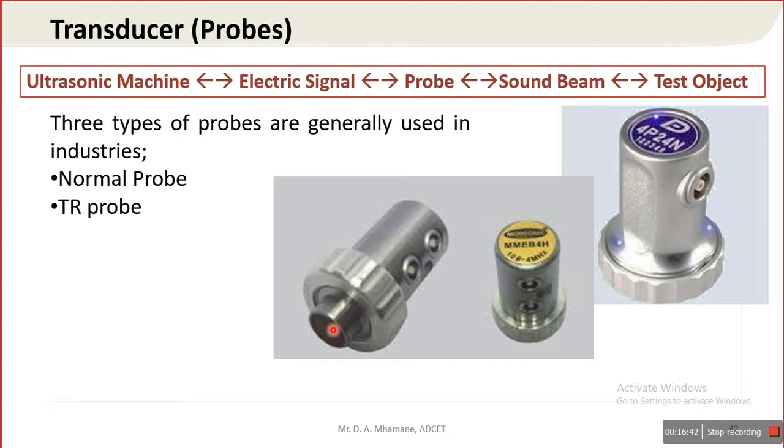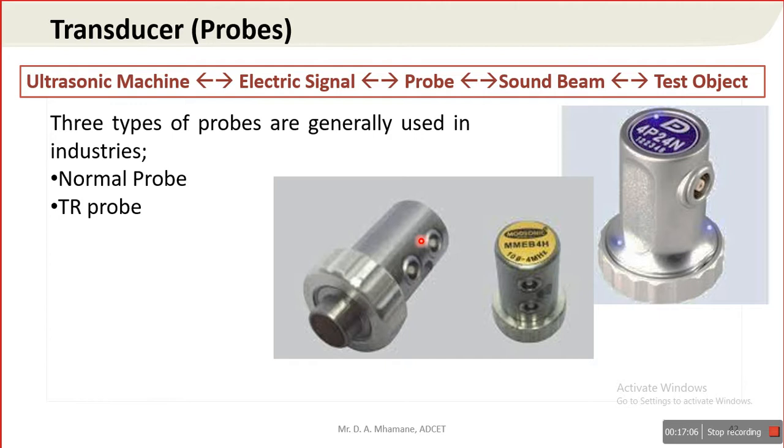One transmits the sound wave and one receives the sound wave. So it requires two connectors to get the response from the transducer. The first connector is for transmitting the sound wave and the second connector is for receiving the ultrasound wave.